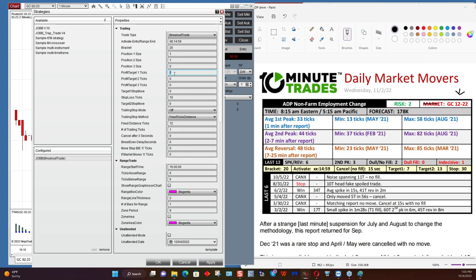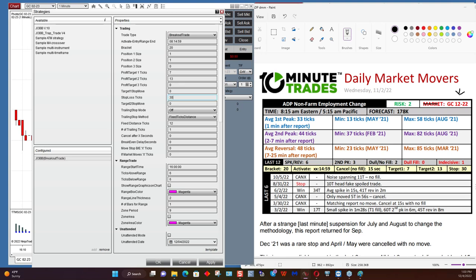Okay? And then the stop is 30. Scroll down a little bit. Where's our stop? Stop loss ticks. 30. Okay? That's everything from the DMM. That essentially is the setup for the trade.